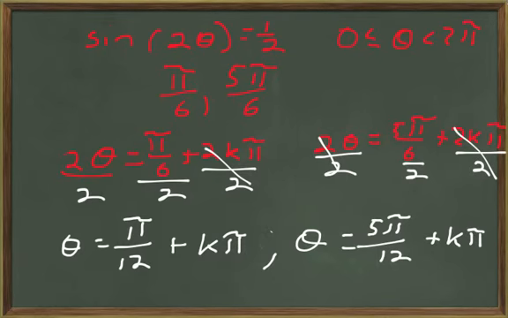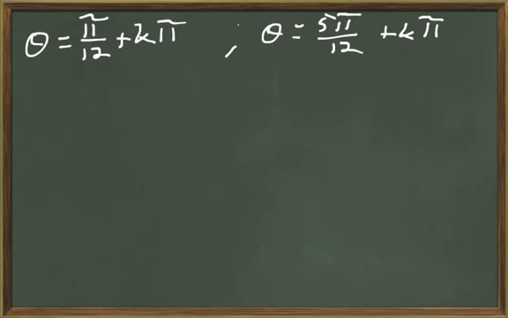Okay, so now we have our two equations. If we wanted to give 8 possible solutions as well, just like we did in the previous one, I'm going to rewrite our formulas up here. And once again, we're going to plug in different numbers for k.